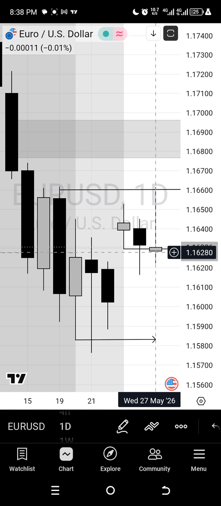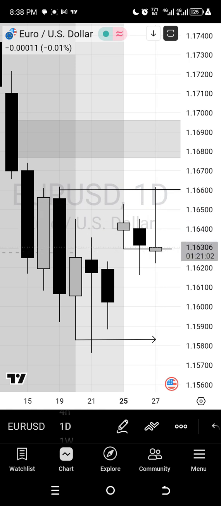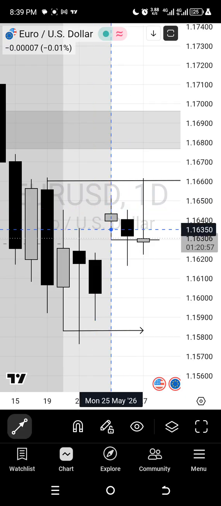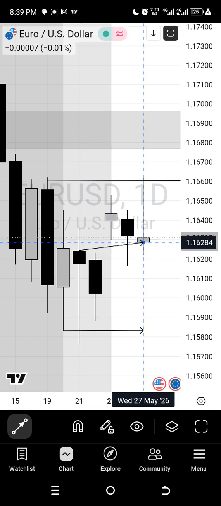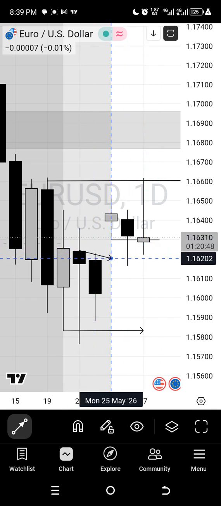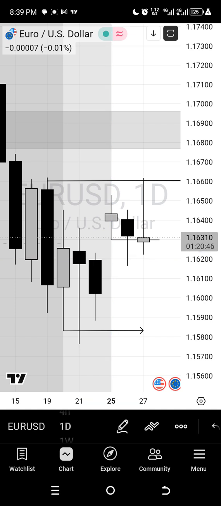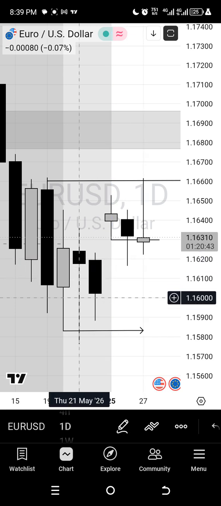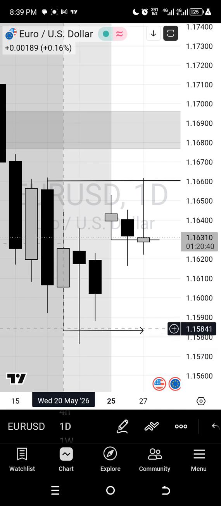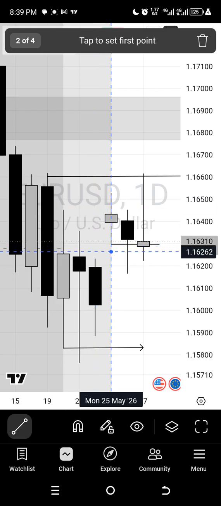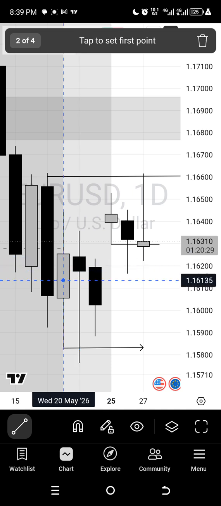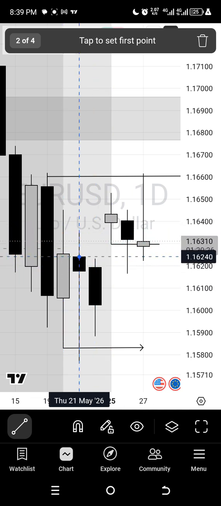And we also got our daily rejection block, or you can say our daily order block, because this candle, let me explain why. You see this candle, right? This candle swept liquidity below the previous candle and then got engulfed, so we can call that candle our key level.